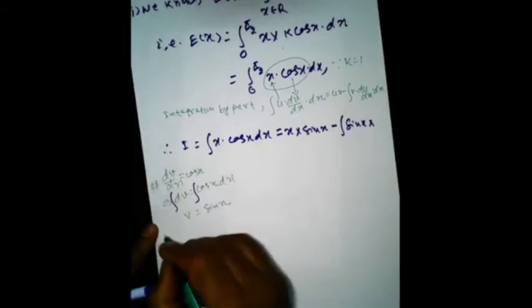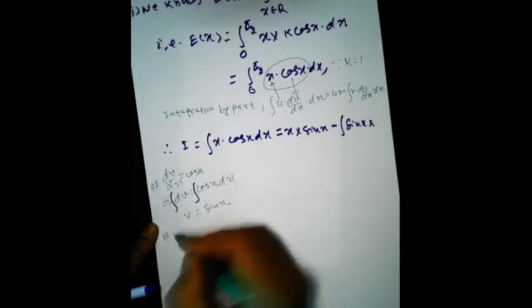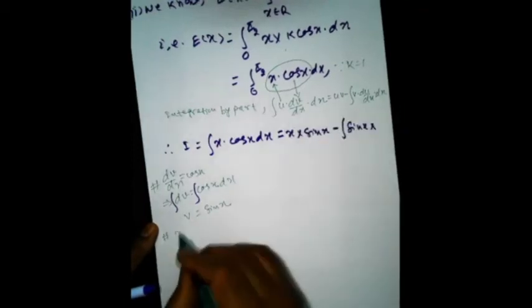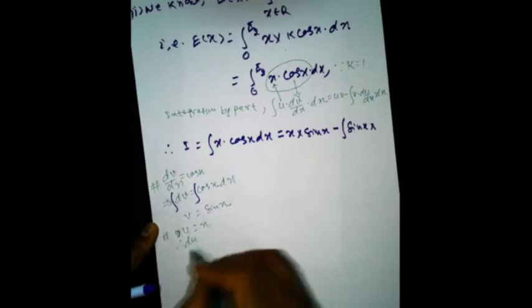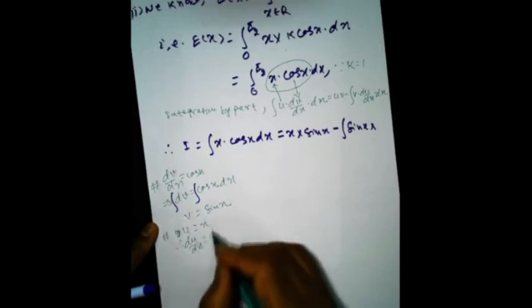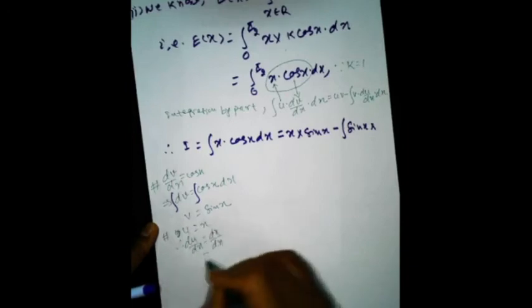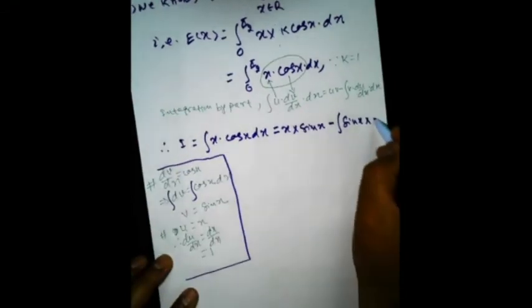In this case, in place of u we have x, so u equals x. Therefore du by dx equals dx by dx, which is 1. So after that we are left with 1 here, then dx.